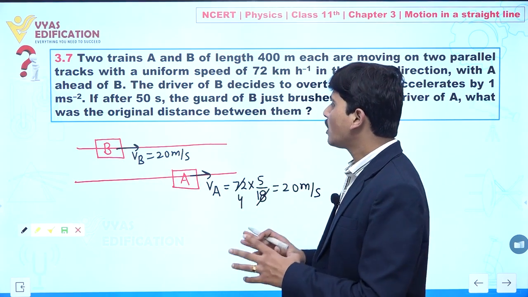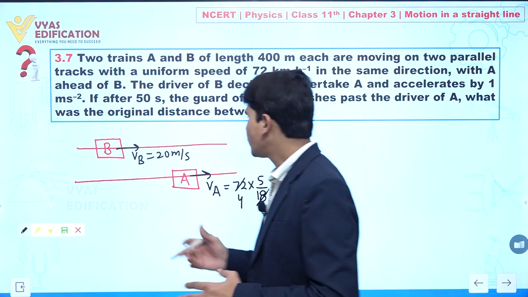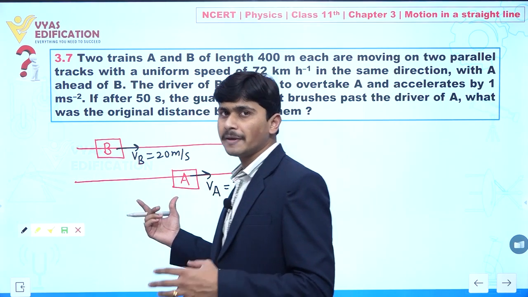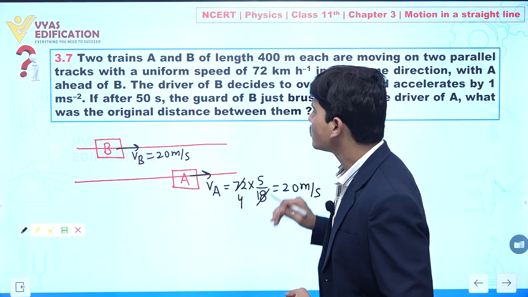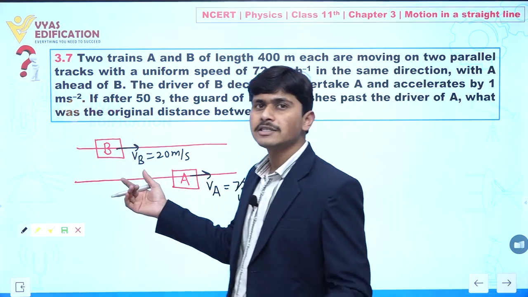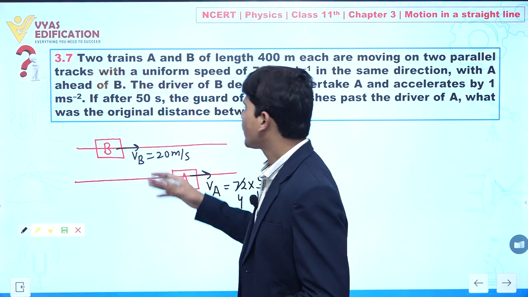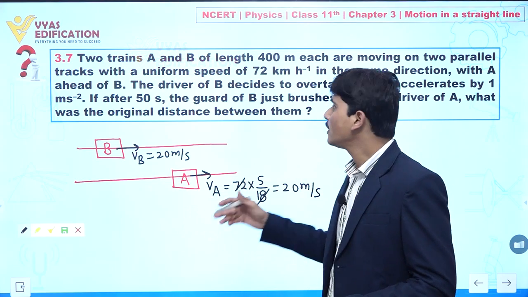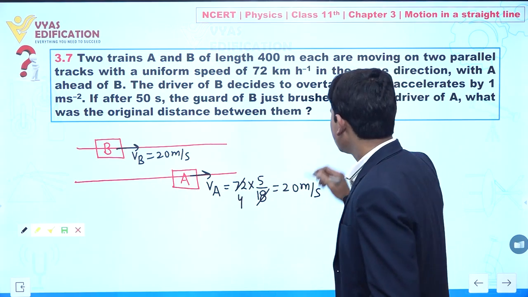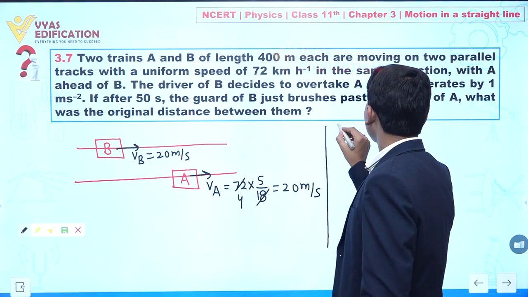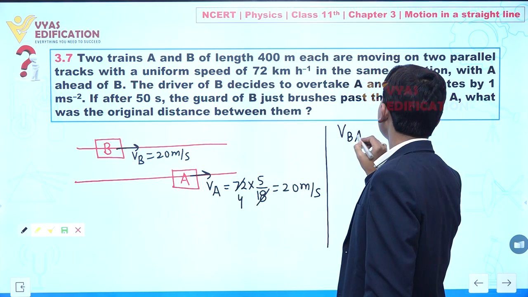Now our objective here is to calculate the value of x between them. It is also given that B accelerates by 1 meter per second square and overtakes train A in 50 seconds. So now we can write the velocity of B with respect to A.